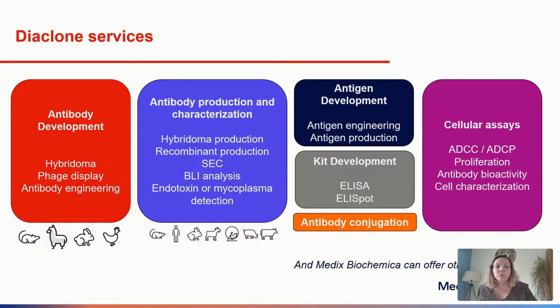It's possible to switch from a hybridoma to a recombinant antibody. This is often done when hybridomas are not stable, or when we want to improve the yield of clones. And antibodies can also be reformatted or chimerized when clients request it. We also offer custom antibody and antigen production services.